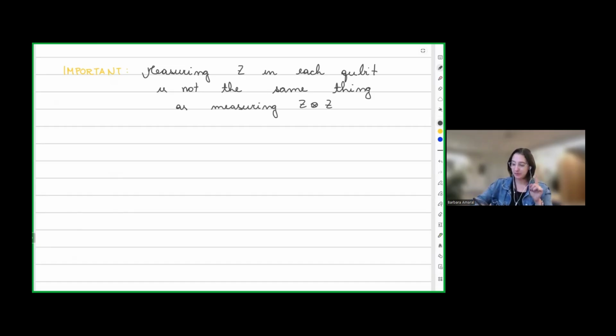Okay, remembering that Z, also denoted sigma Z in any situation, is this matrix here.